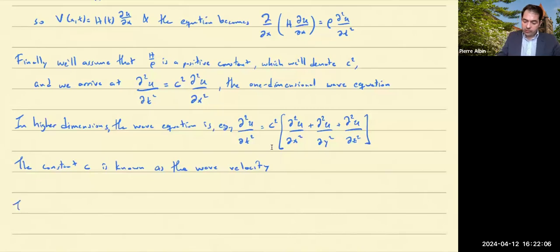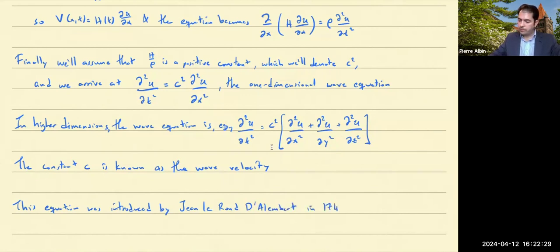This equation was introduced by Jean le Rond d'Alembert in 1747.